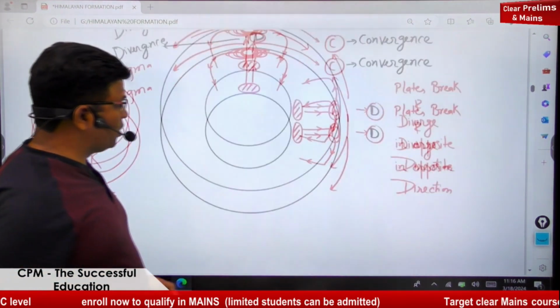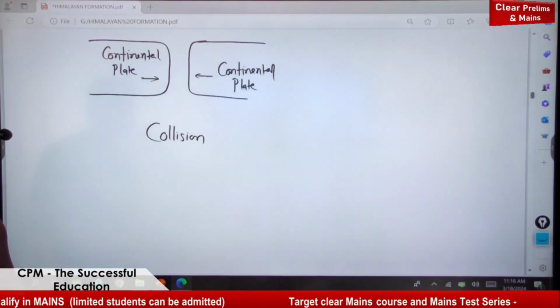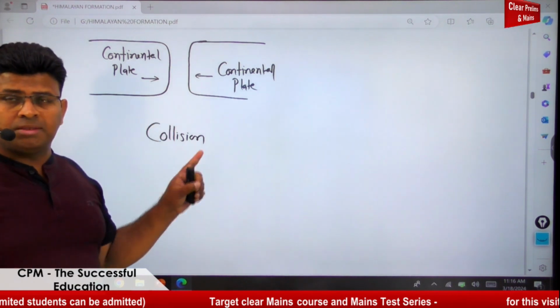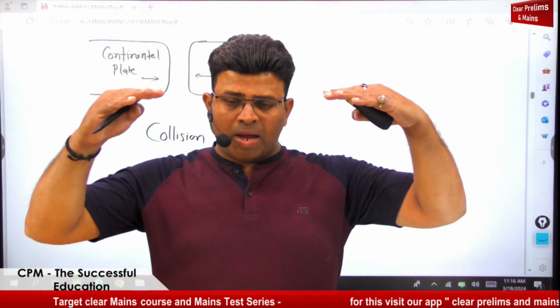Let us move forward and see what happens with two continental plates. They are made up mostly of silica, so they have the same density.